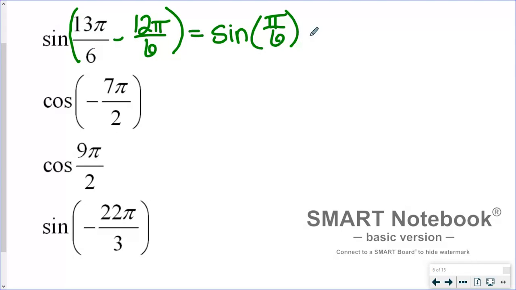That's the idea of a periodic function. It keeps repeating itself over and over. So if we want to find something that's not on my unit circle, all we have to do is find that coterminal angle that is on the unit circle. So sine of pi over 6, we get a pi over 6 on our unit circle. We look at our y coordinate. What do we get?